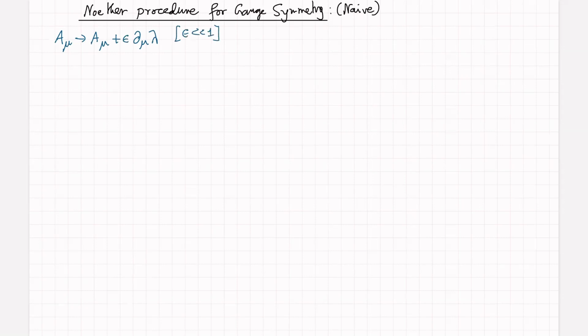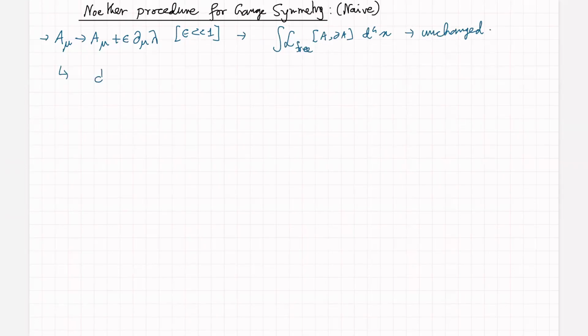Now, clearly under this, our free Maxwell action that we wrote down is unchanged, because it's built out of F_mu nu F^mu nu. F_mu nu does not change under this, so the action also doesn't change. In fact, even the whole Lagrangian doesn't change under this.